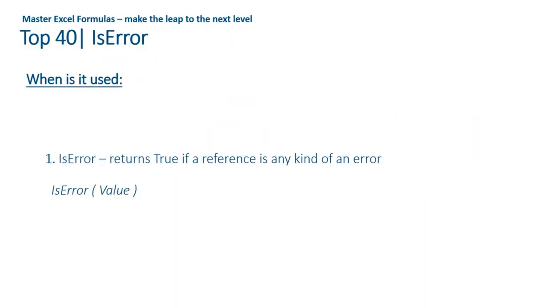Now back to the presentation. We have another formula here, which is is error. Is error is quite similar to the is formula that we already discussed, but the difference between the is and the is error formula is that is error will return true even if there is an NA error.